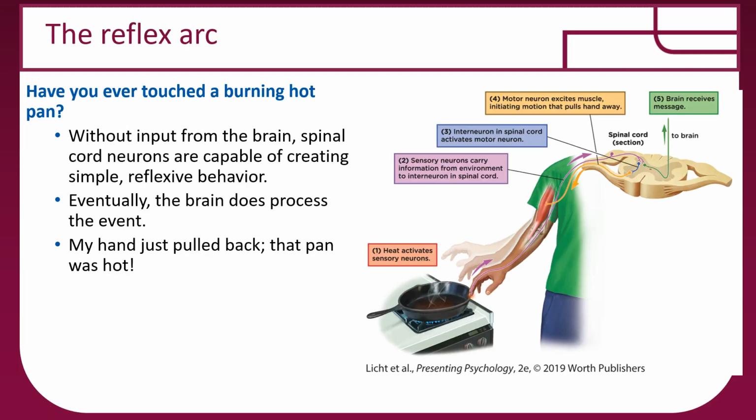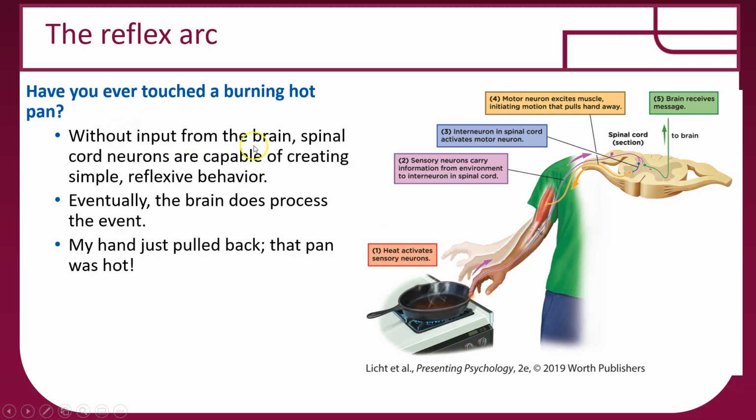We do have reflexes, and you're aware of them if you've ever touched something that's burning hot. Your reflexes actually happen without the message having to go all the way up to the brain, because that does take time to get a message to go, let's say, from your hand, because you're touching something hot, all the way through your arm, to your spinal cord, up to your brain, send a message back, etc. And by that time, you would have really hurt your finger.